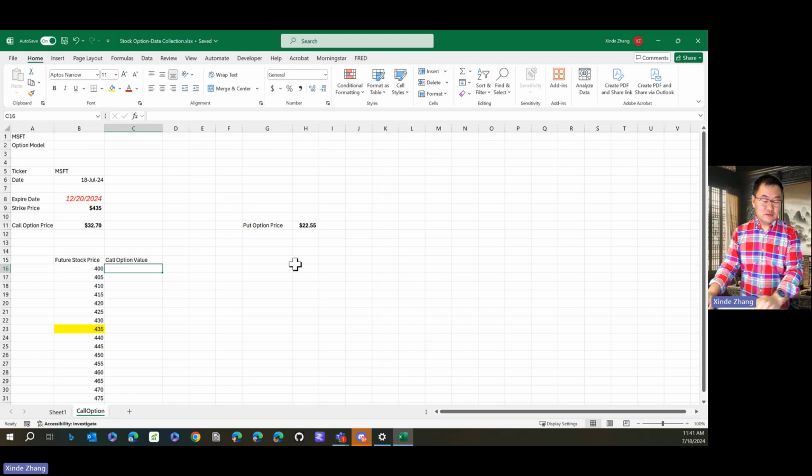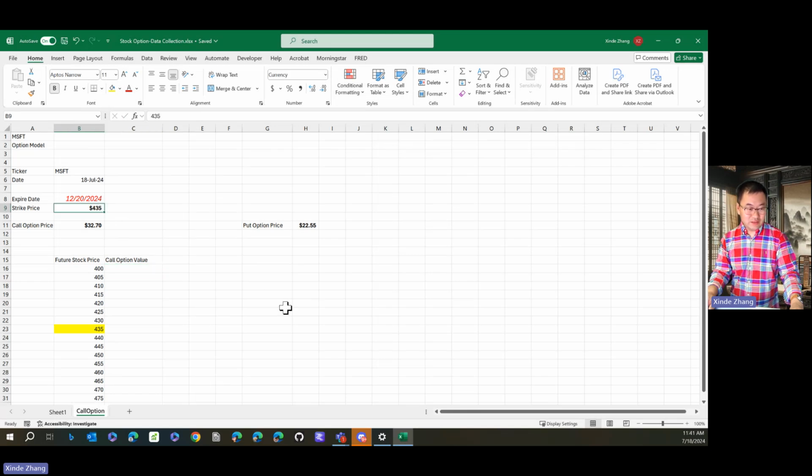Given that the strike price is 435, if we have this call option and we want one share of the stock, we will have to buy the stock with the option at 435. However, if the real stock price is only $400, we would rather just buy the stock at 400.